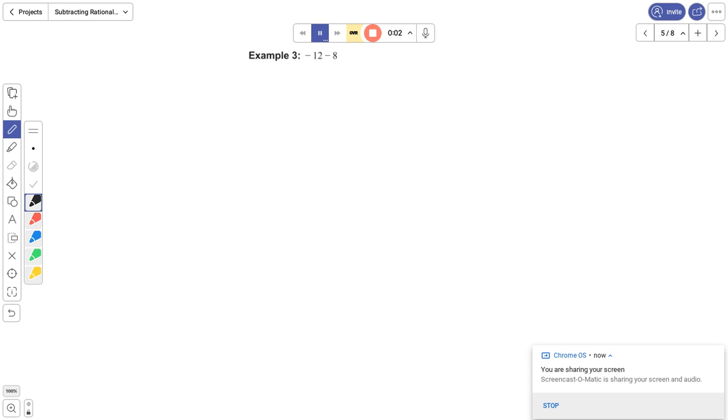Example 3, negative 12 minus 8. For this example, I would like you to try to set up positive and negative chips in order to solve this problem. Pause the video and give it a try. Remember, negative 12 minus 8 can be written as negative 12 plus the additive inverse. So for this one, I'm going to use red.